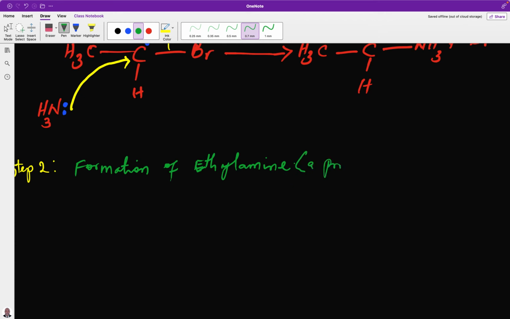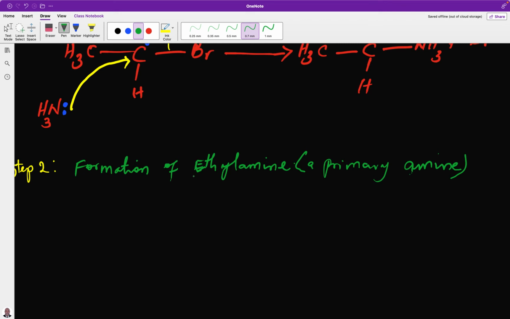It's a primary amine. Remember that we do this in a sealed tube; we don't do it using a reflux.